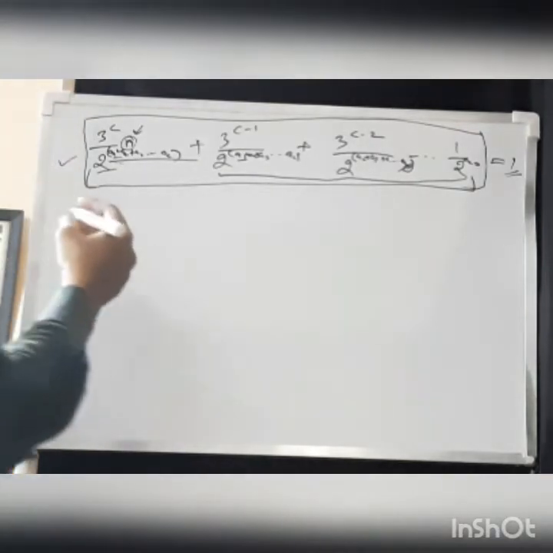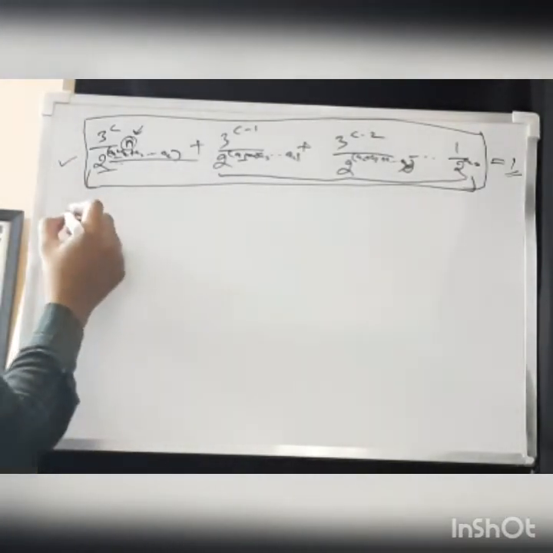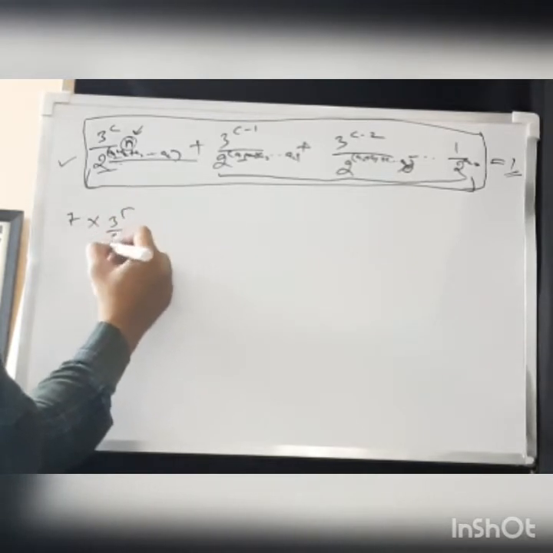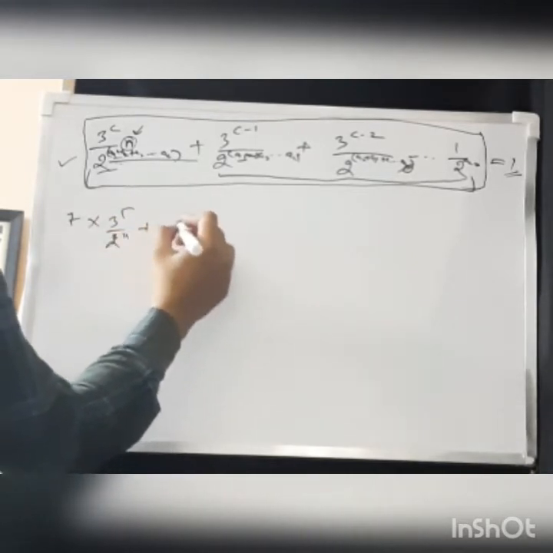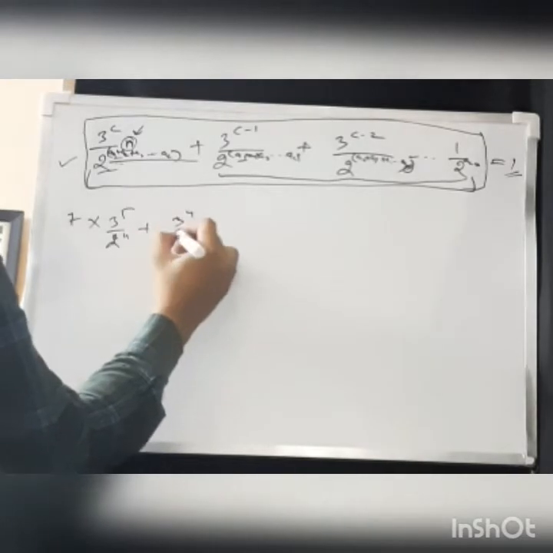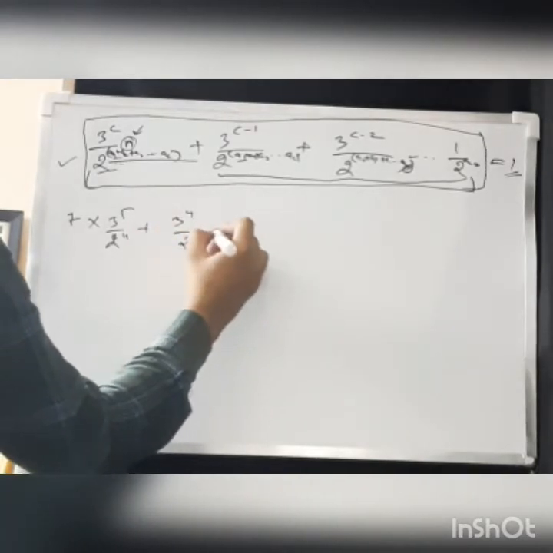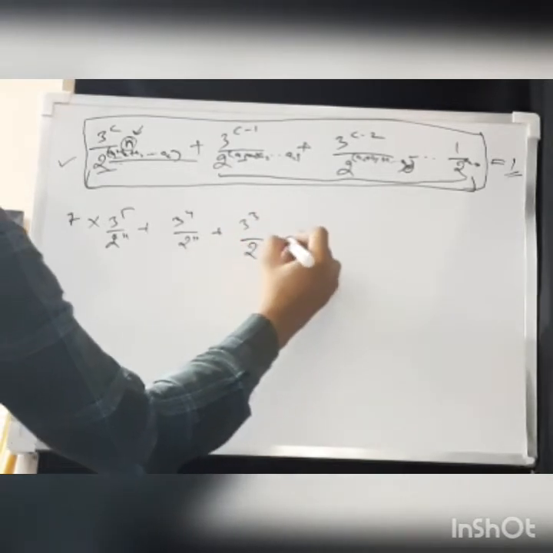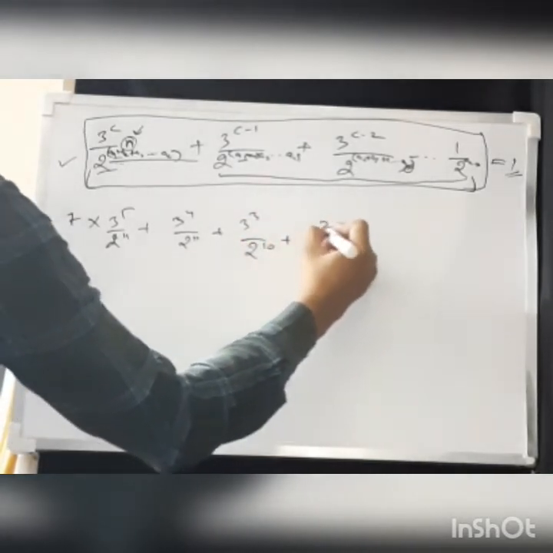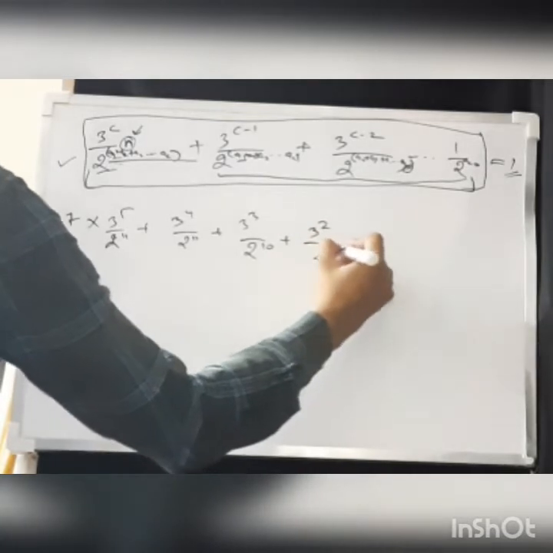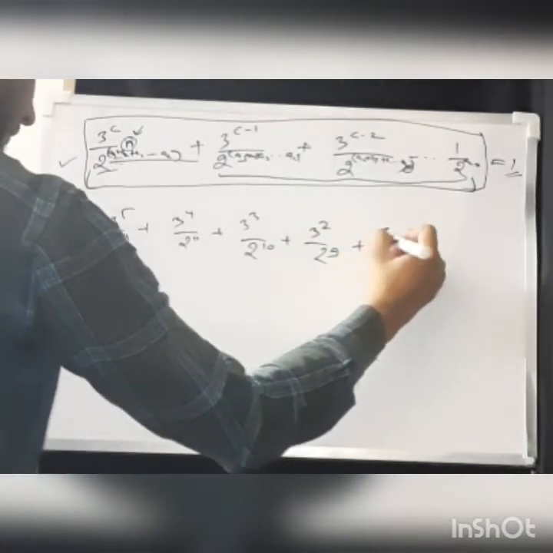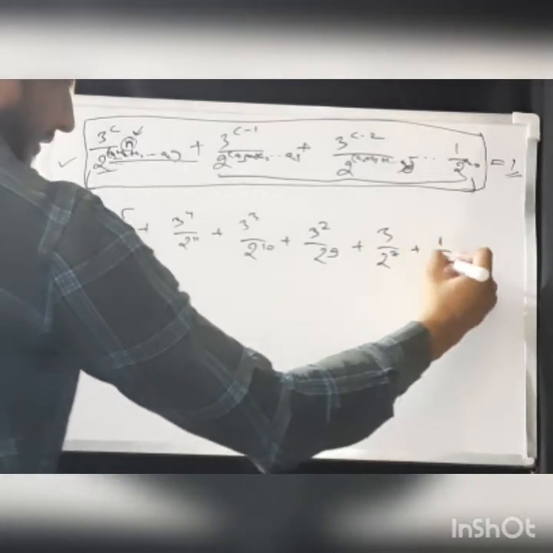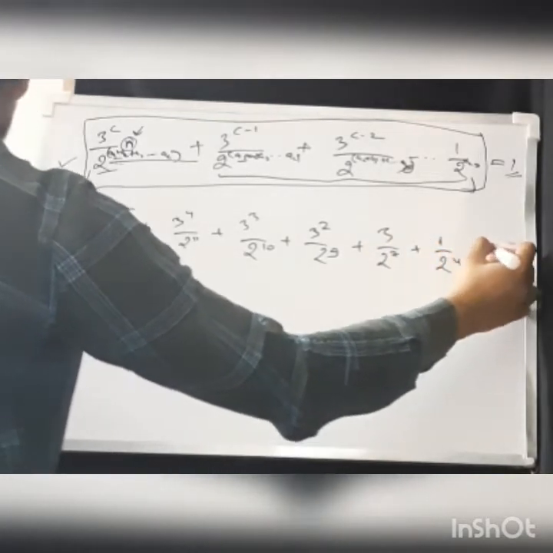So for example, in case of 7 we have 3 to the power 5 divided by 2 to the power 11, plus 3 to the power 4 divided by 2 to the power 11, plus 3 to the power 3 divided by 2 to the power 10, plus 3 to the power 2 divided by 2 to the power 9, plus 3 by 2 to the power 7, plus 1 by 2 to the power 4, and all of this is equal to 1.